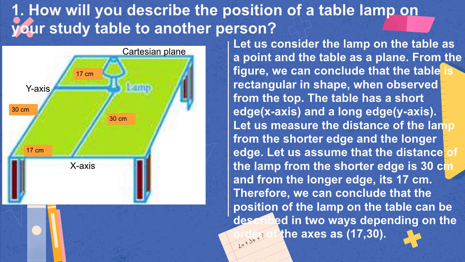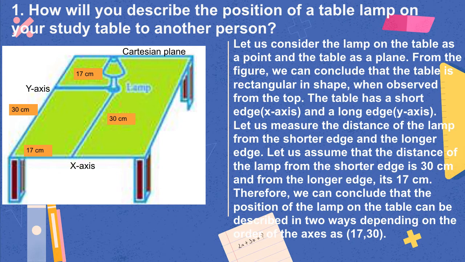Now let's assume that in the given figure, the lamp is 17 centimeters away from the y-axis and 30 centimeters away from the x-axis. You can see over here, the horizontal line is the x-axis and the vertical line is the y-axis. The distance of the lamp from the vertical line is 17 centimeters and from the horizontal line is 30 centimeters.